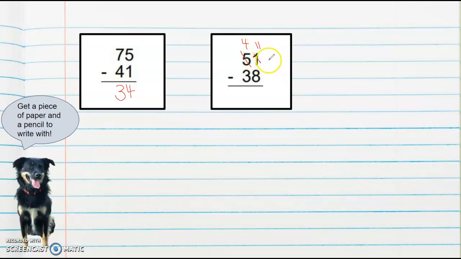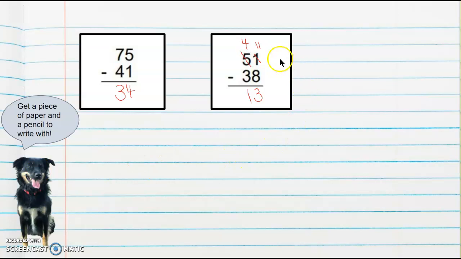Now that I have the number 11, I can take away 8. 11 minus 8 is 3. 4 minus 3 is 1. So now I know 51 minus 38 is 13.